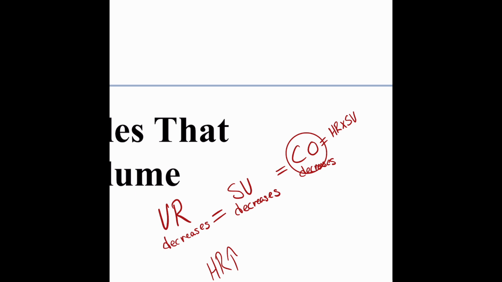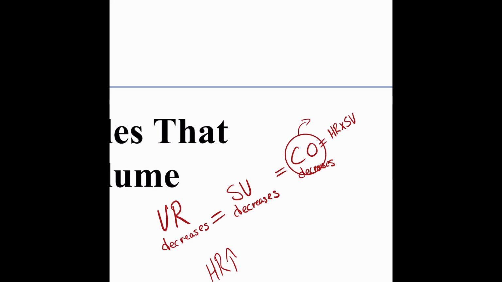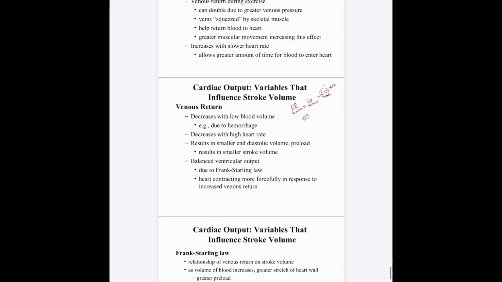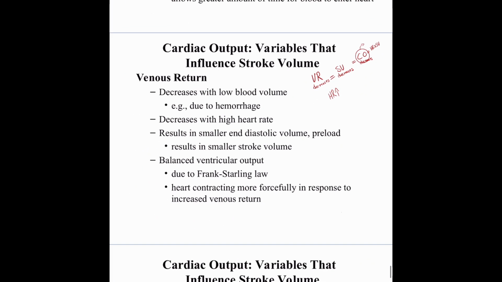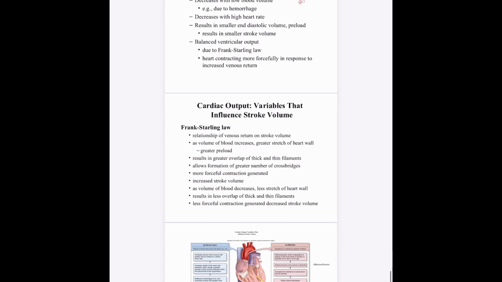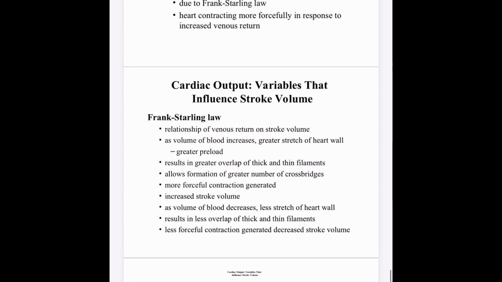So your venous return also decreases with high heart rate. So if your heart rate increases, then you have less venous return because there's always just more blood flowing. So you're firing your heart faster.